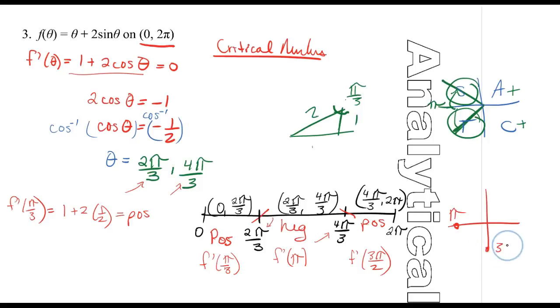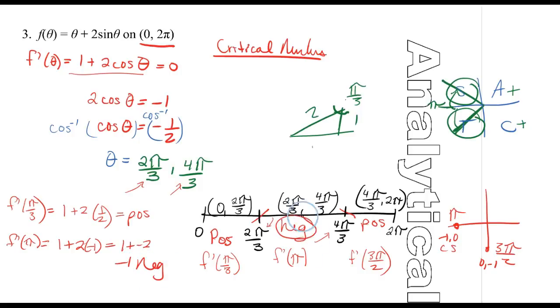Pi and 3 pi over 2. Cosine is negative 1 and 0. So here, f prime of pi is 1 plus 2 times the cosine of pi, which is negative 1. And so I get 1 plus negative 2 is negative 1, and it's negative, as I expected here.